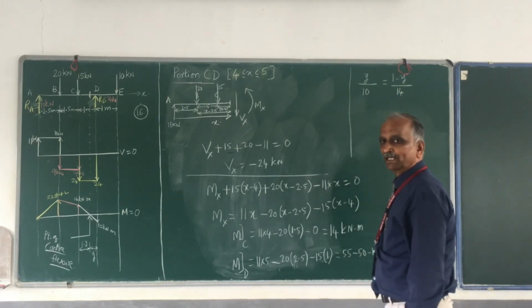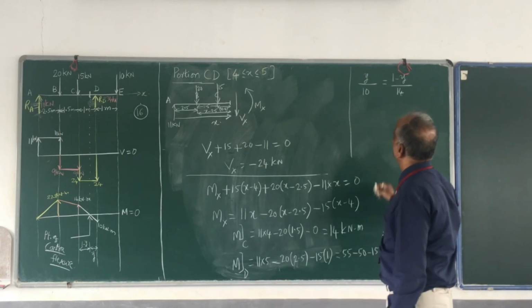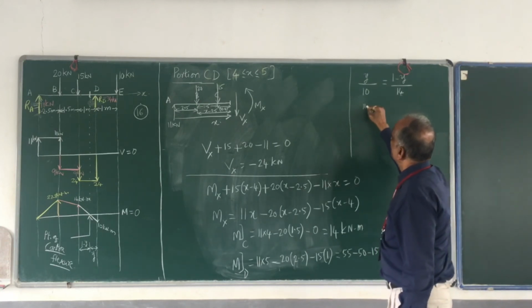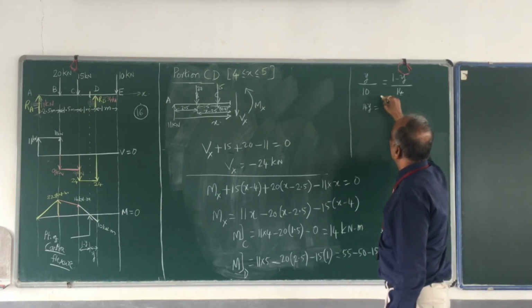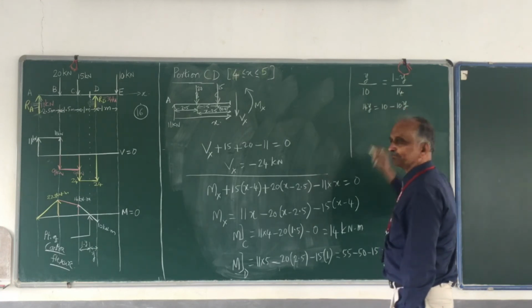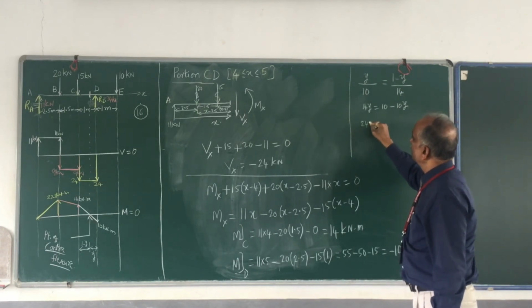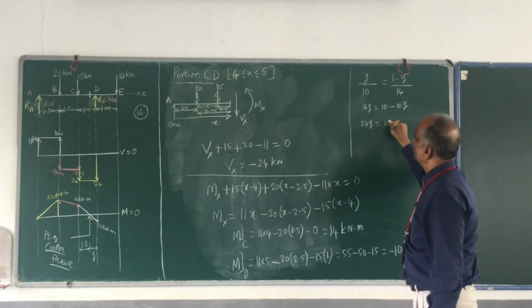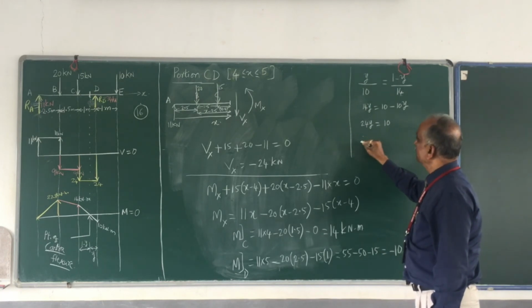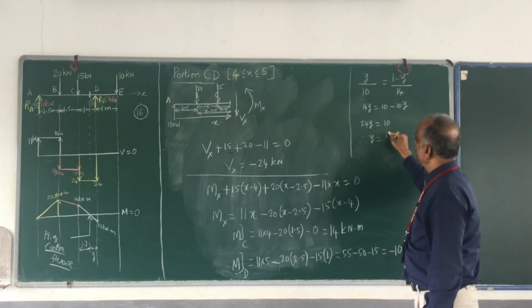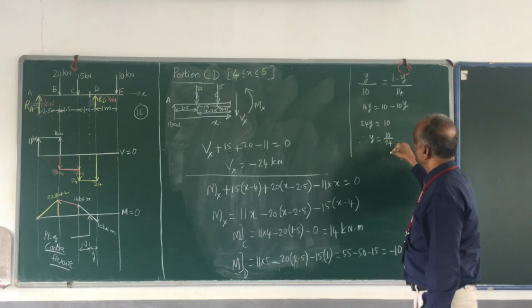Simplify this: 14y is equal to 10 into 1, 10 minus 10y. Take this 10y this side, it becomes 24y. 24y is equal to 10. Therefore, y is equal to 10 divided by 24.